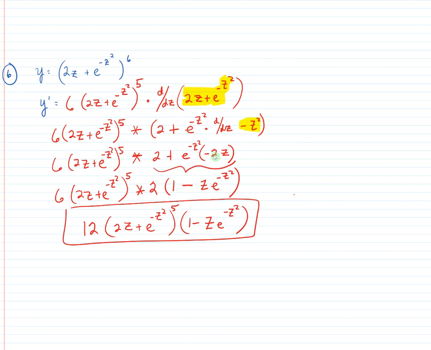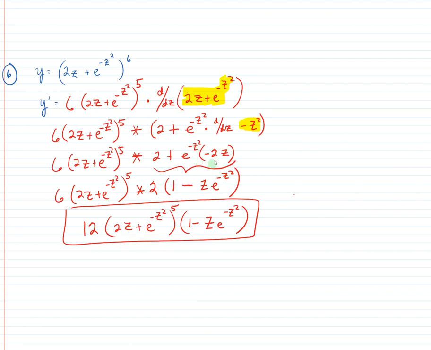So I've got that. Now, if I factor out 2, I am left with 1. And then I have this minus goes with this. So I'm left with minus z e to the negative z squared.